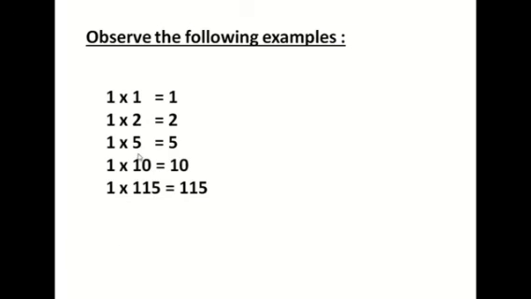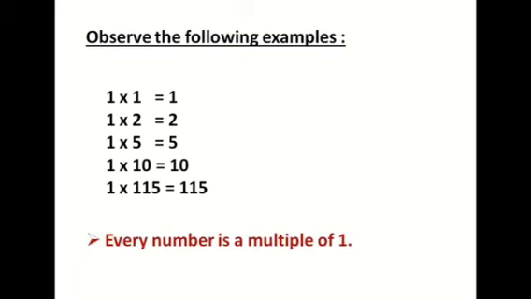So here you can say that 5 is a multiple of 1. In the same way, 10 is a multiple of 1. Like that, 115 also is a multiple of 1. So we can conclude that every number is a multiple of 1.